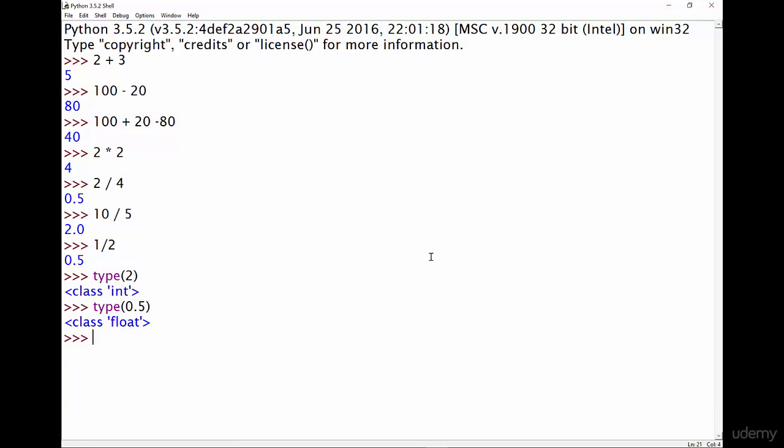So floats actually take up a bit more memory than integers do. A float takes up 16 bytes of memory, whereas an integer in Python only takes up 14 bytes, which is actually rather large as far as integers go. I think in Java it's only 4 bytes. So in Python, a float is 14% larger than an integer, but you get all that extra precision. So it's just something to bear in mind. You've got two options available to you.